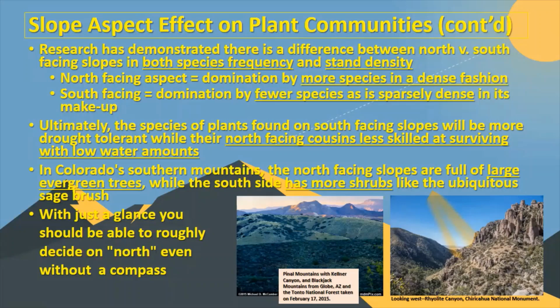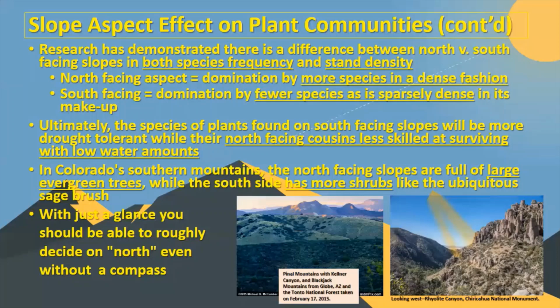North-facing slopes are dominated by more species in a dense fashion. South-facing slopes have fewer species and are more sparsely dispersed. So ultimately, the species of plants found on south-facing slopes are more drought tolerant, while the north-facing cousins are less skilled at surviving with low water amounts.